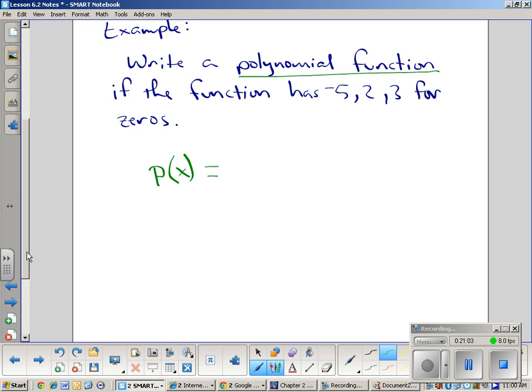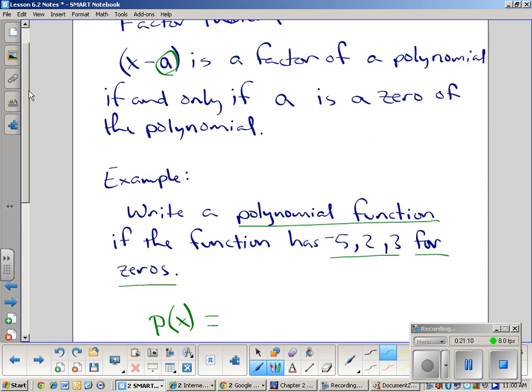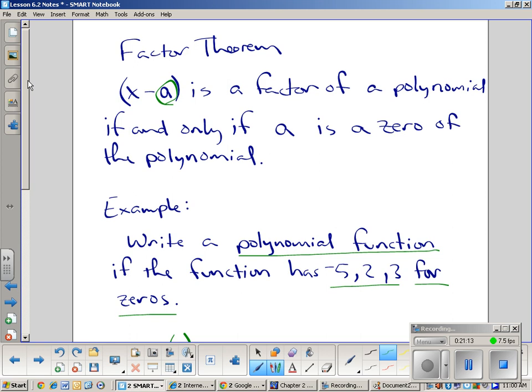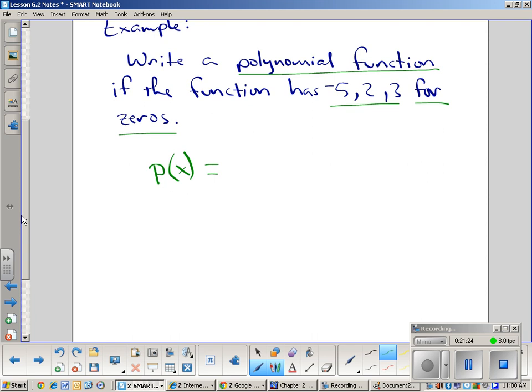And now we're going to fill in what we know. Well, these are the zeros. And this theorem says if a is a zero, then x minus a is a factor. So if a is a zero, then x minus a is a factor. Well, if my zero is negative 5, what's my factor? Louder, please. X minus a negative 5, which is x plus 5. That's correct.